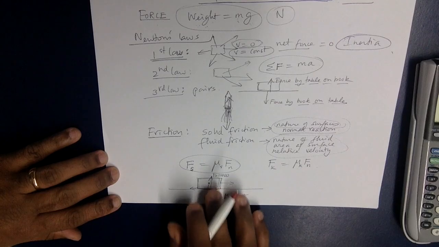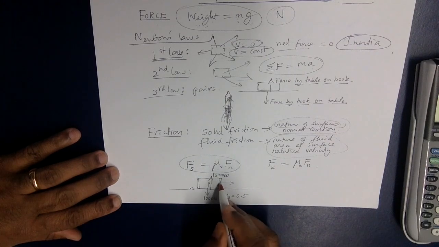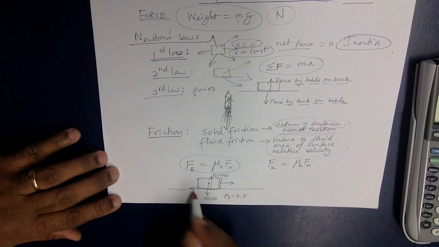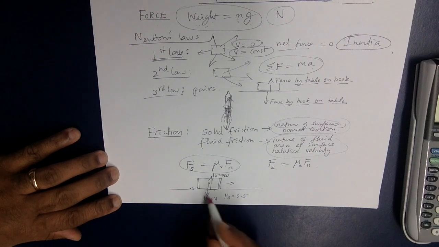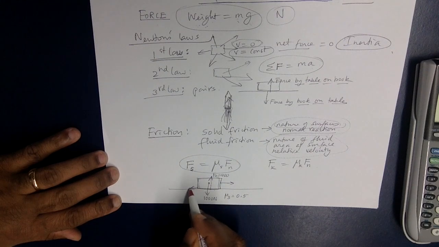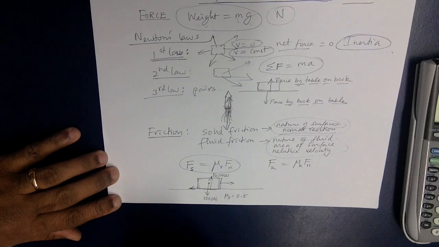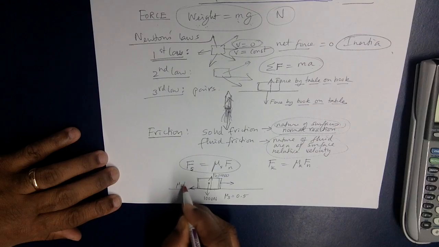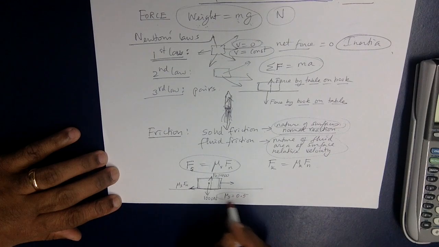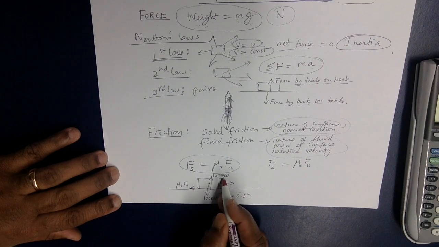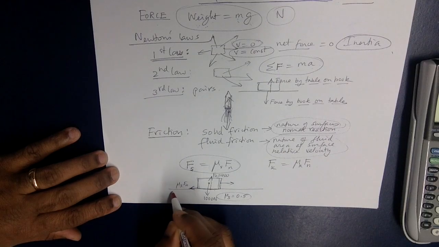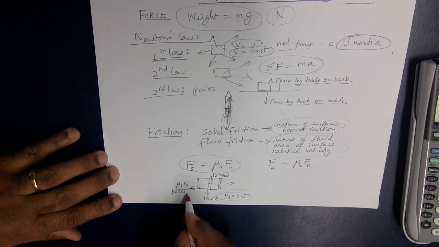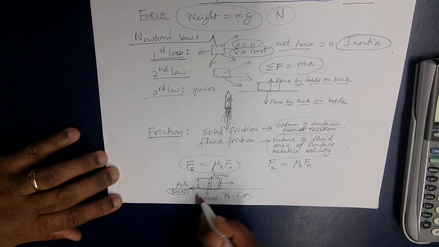Initially the frictional force is not there, but when you start pulling from here, the frictional force will start developing. And how much maximum frictional force can this surface provide? That is mu s times normal force. So mu s, 0.5, times 1000 gets you 500. So you have 500 newtons force backward.